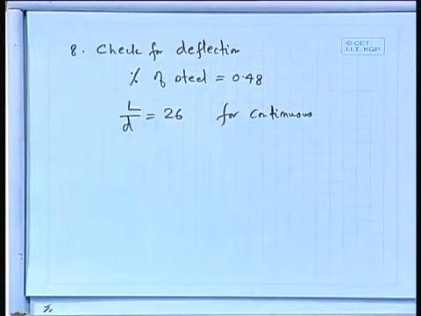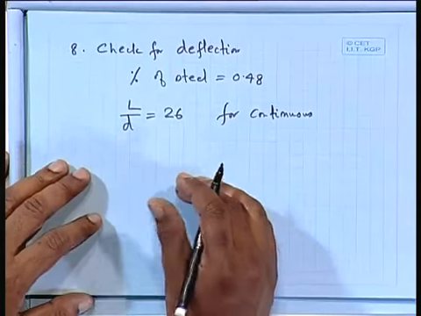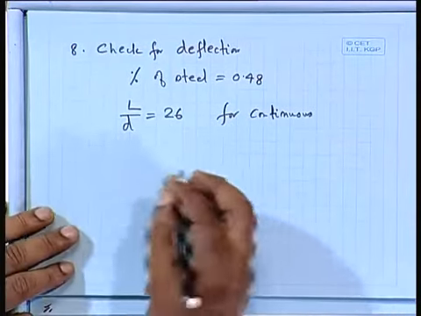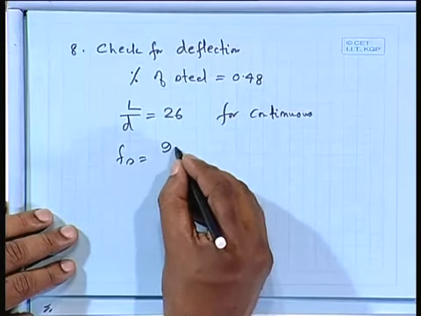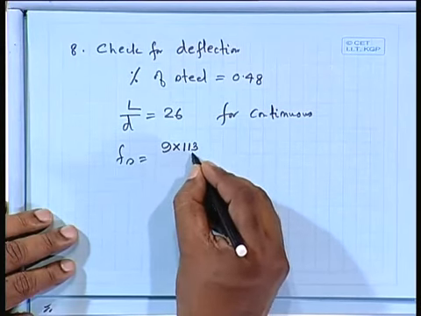Now what about the modification factor? There are many others, but I shall take it from Figure 4. So for FS, how many bars have we used? 9 bars of 12 millimeter diameter, each of them 113 square millimeter.